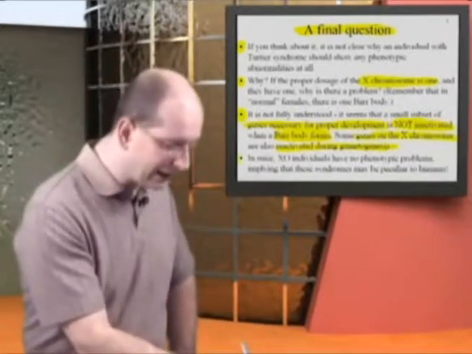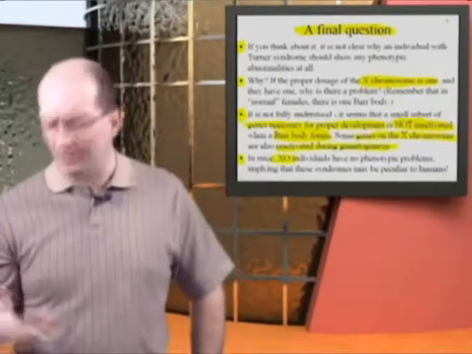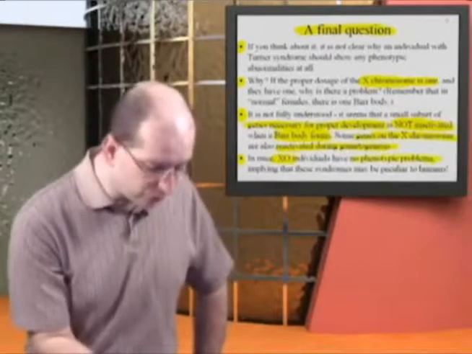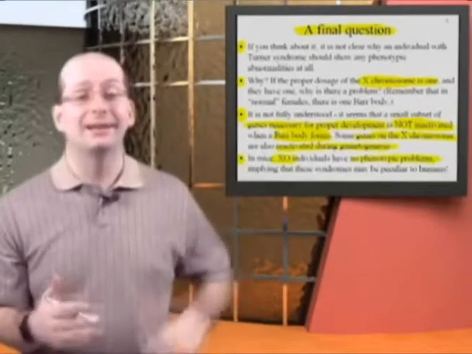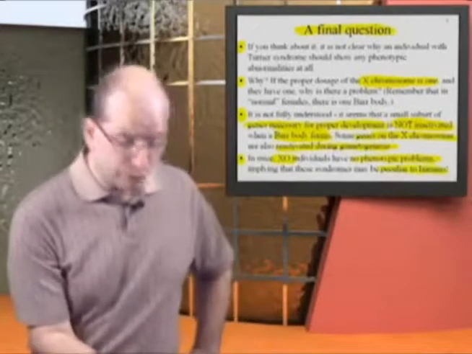But interestingly, guys, in mice, the equivalent of Turner syndrome, we don't say a mouse has Turner syndrome, but XO individuals have no phenotypic problems whatsoever, implying that we don't understand. Maybe these syndromes are peculiar to humans.